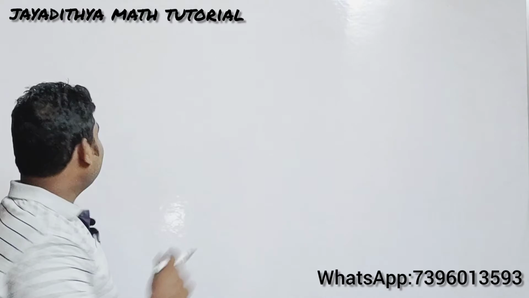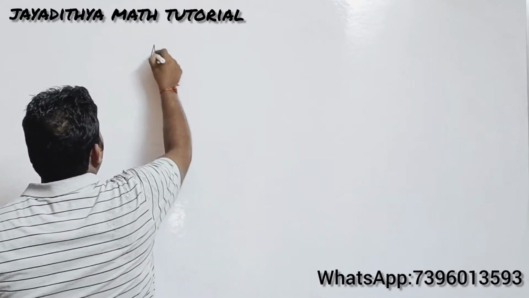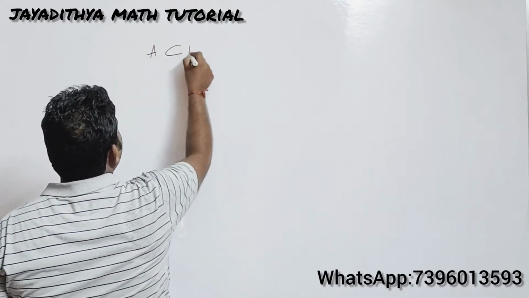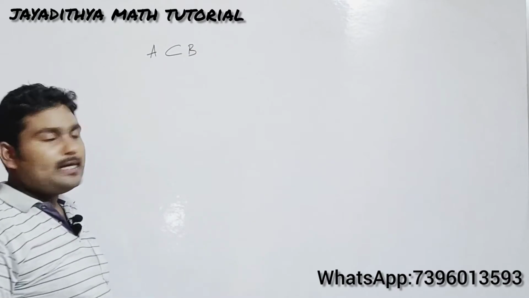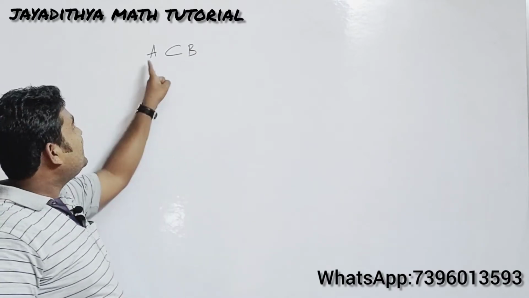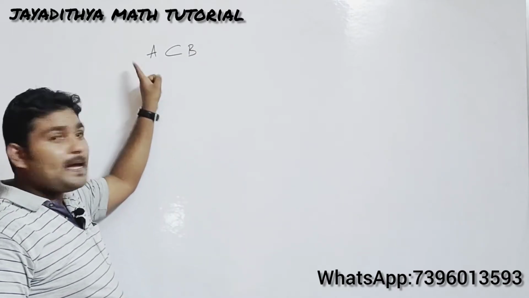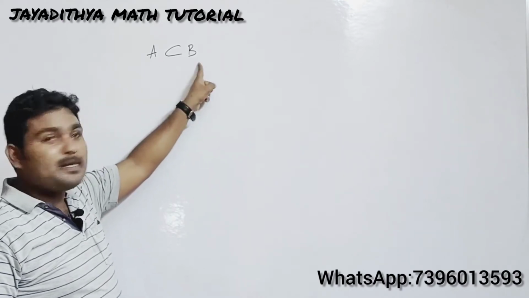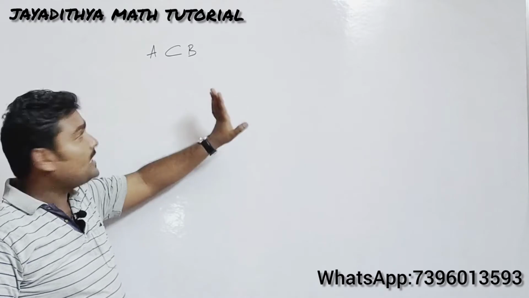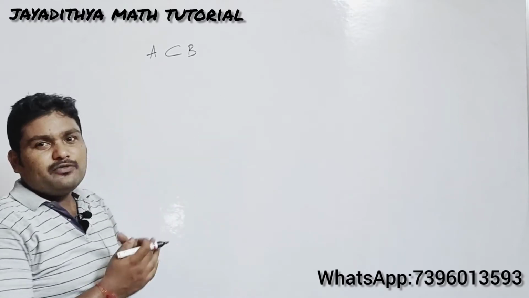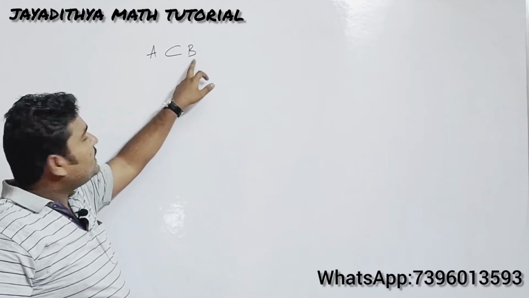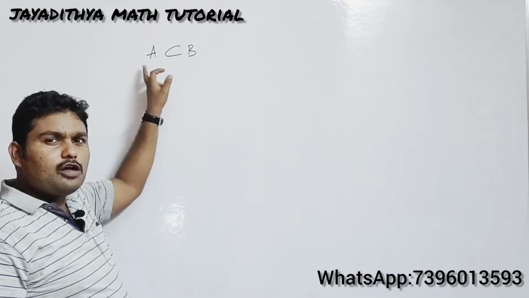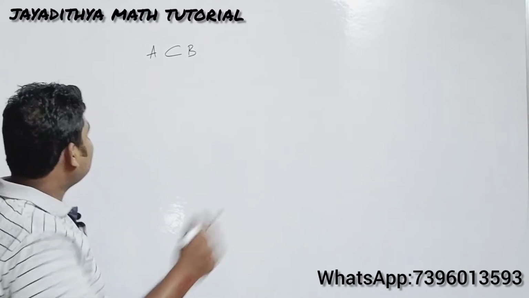Look here. For A to be a subset of B, each and every element of A must be present in B. Sometimes we can also check whether each and every element of B is present in A. Let us take an example.